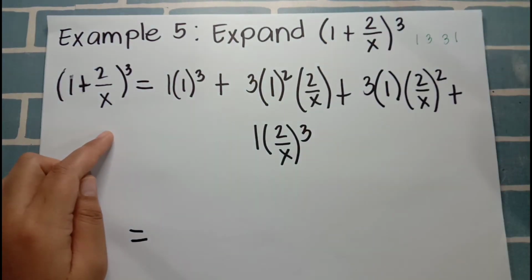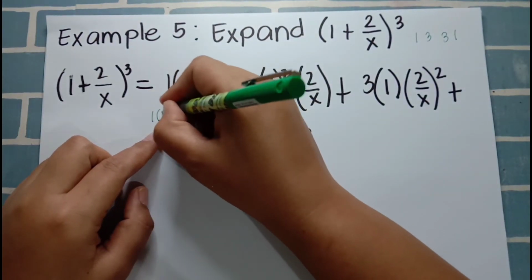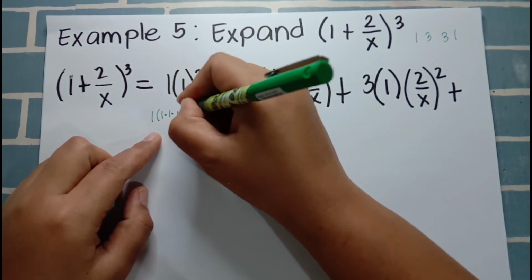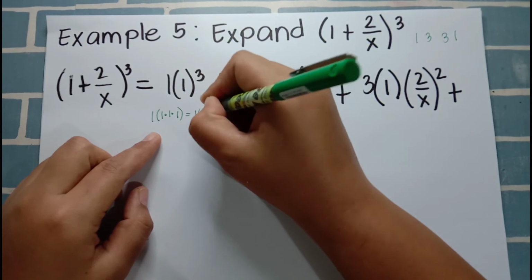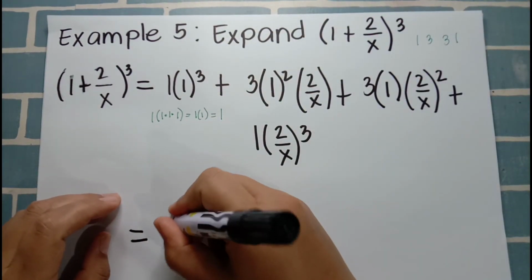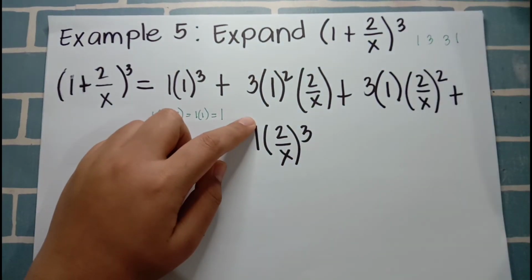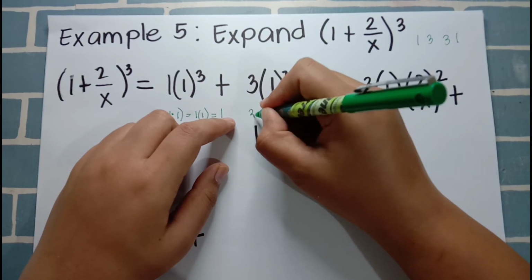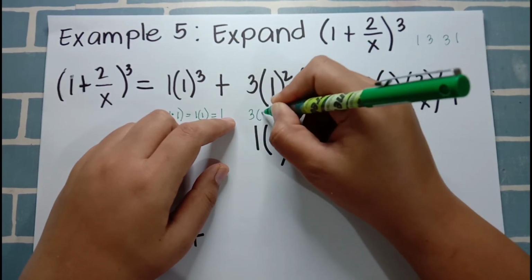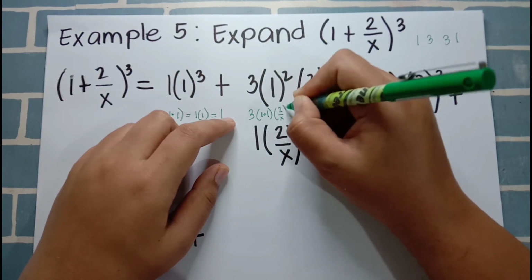So, 1 times 1 cubed, of course 1 times 1 times 1 is equal to 1. Plus 3 times 1 squared times 2 over x.